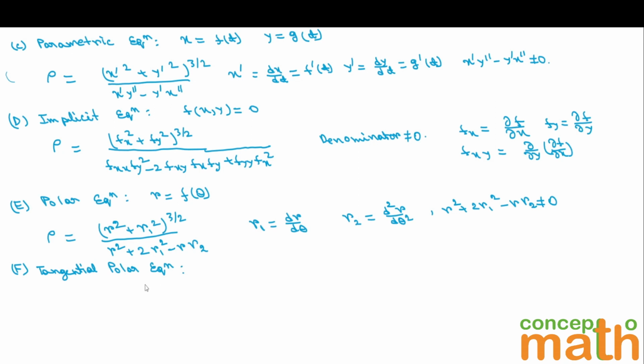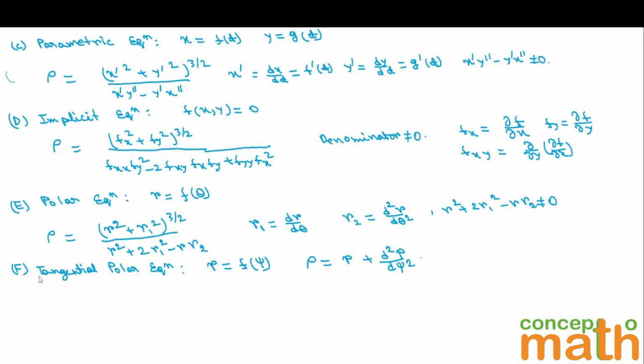So in this kind of equation, there is a relation between the tangential angle psi and the length of perpendicular from origin to tangent, which we have denoted by P. So in this case, P is denoted as a function of the tangential angle psi. So for this kind of equation, what will be the expression for radius of curvature rho? This will be simply P plus d2P d psi square. Okay.